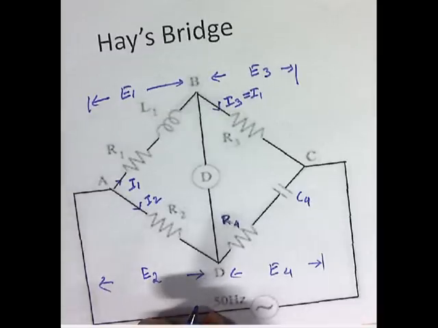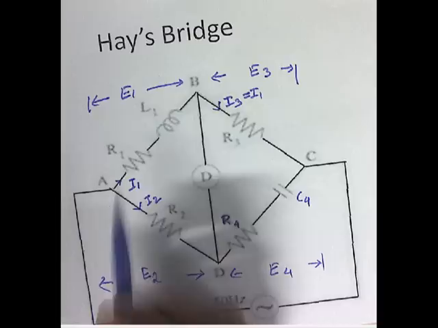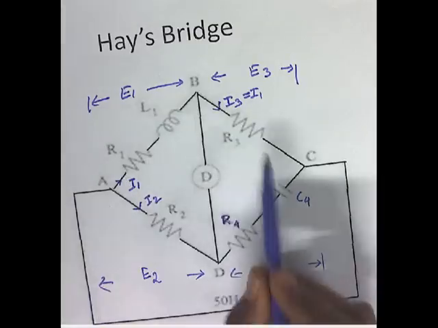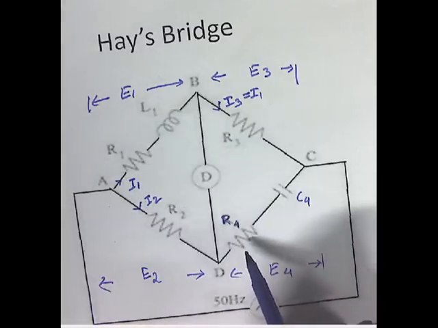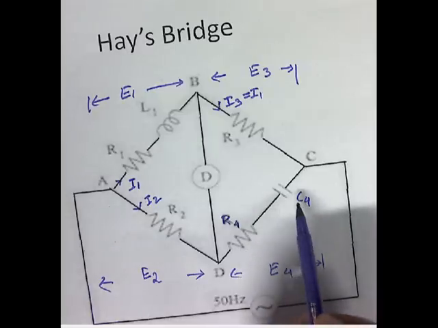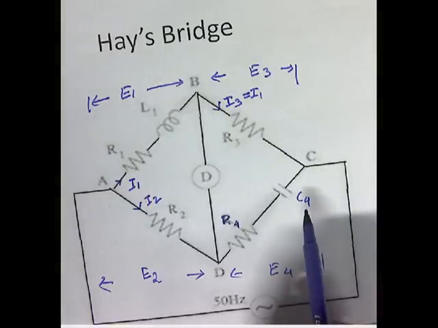L1 is the unknown inductance having a resistance R1, and R2, R3, R4 are non-inductive resistances, and C4 is a standard capacitor.